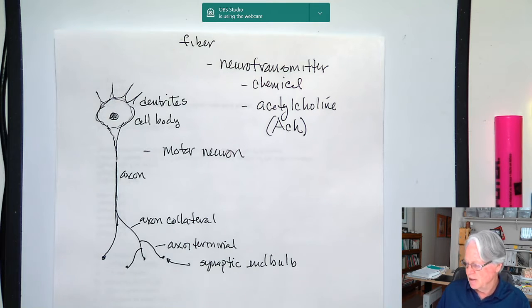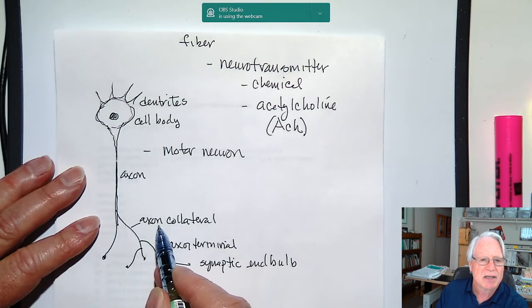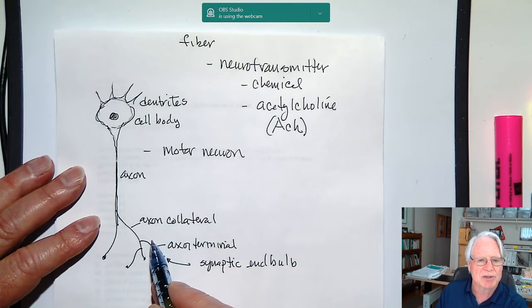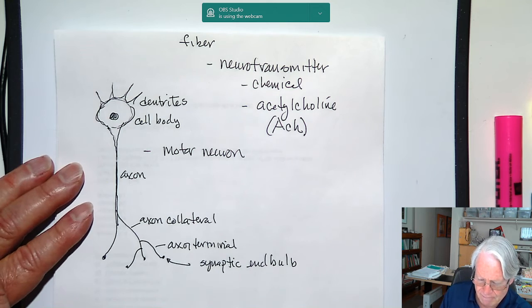And the order of divisions of this long process is axon, then there's an axon collateral, which then branches off into axon terminal, which ends in a synaptic end bulb. Okay.